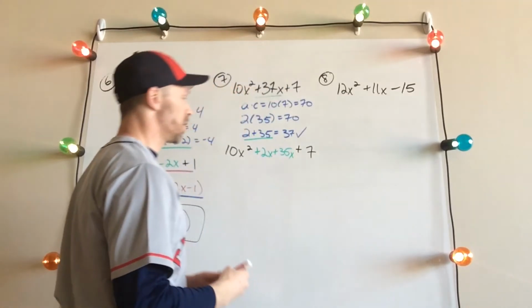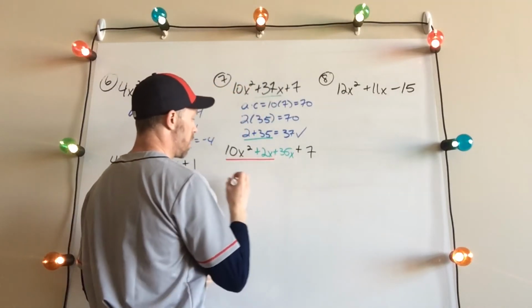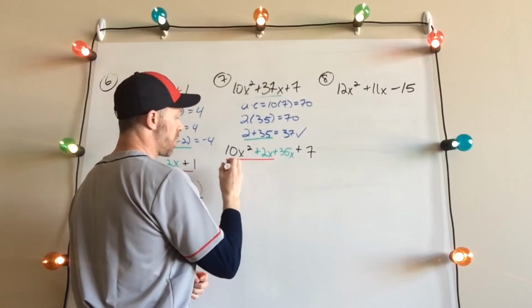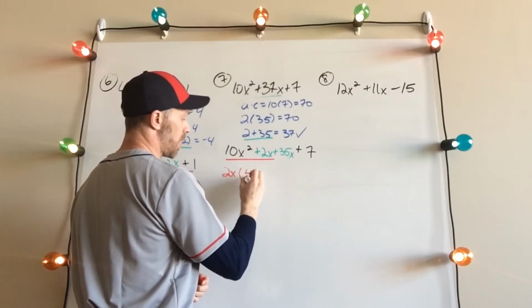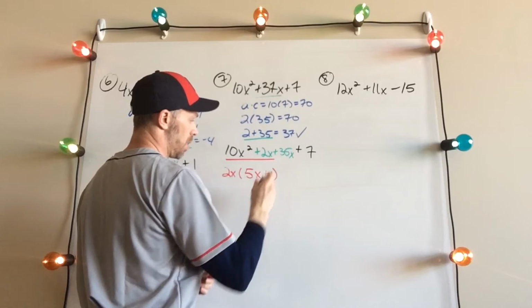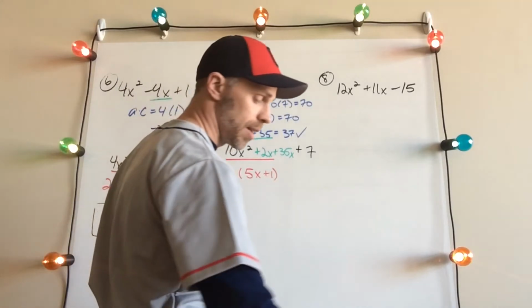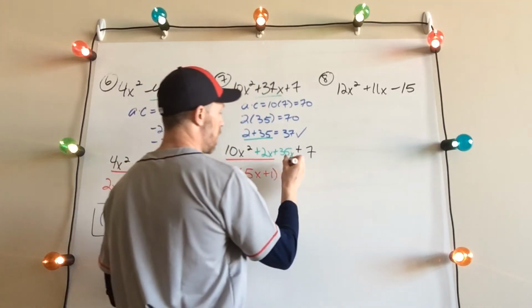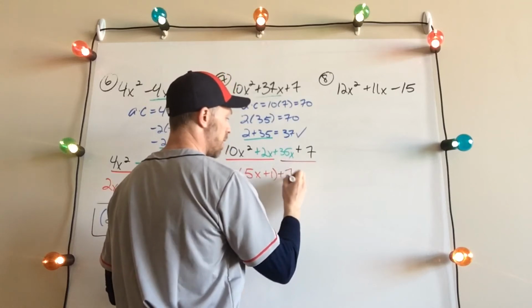Then we take a look at the first two pieces. They're both even, they both have an x. So factor 2x out. And then the next two pieces, both divisible by 7.